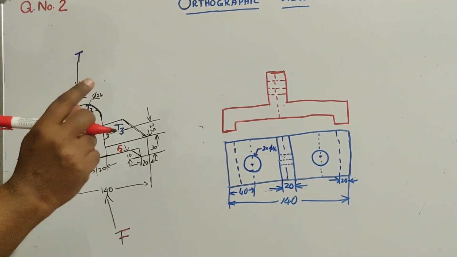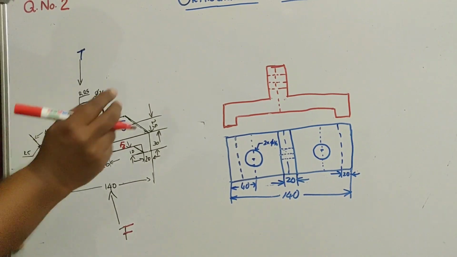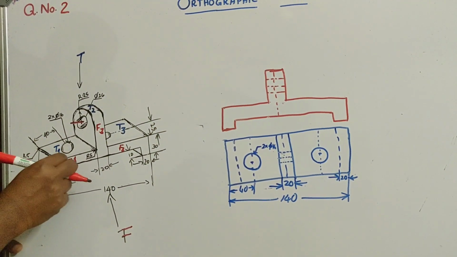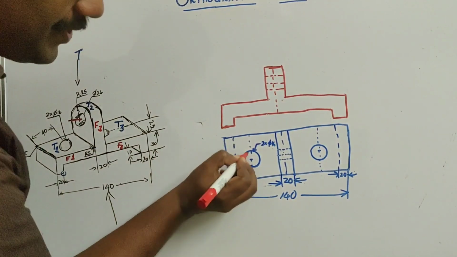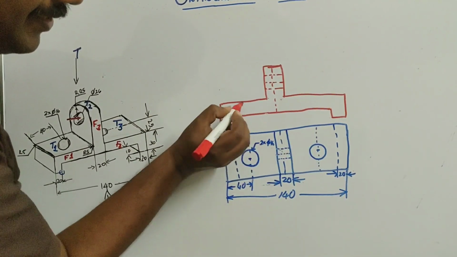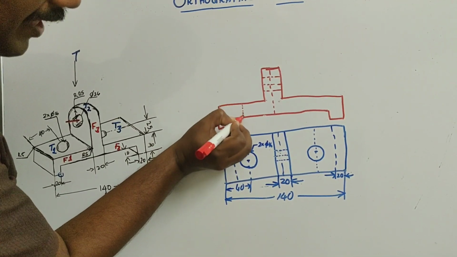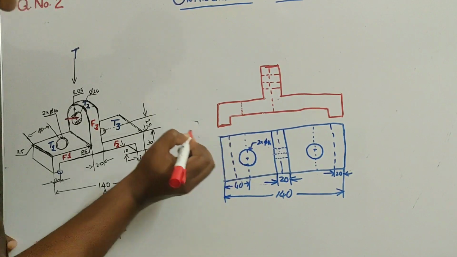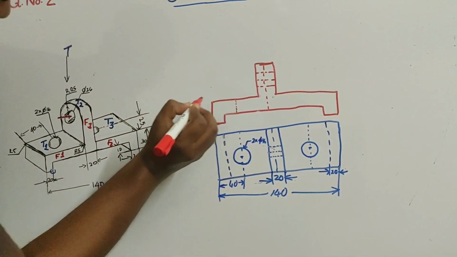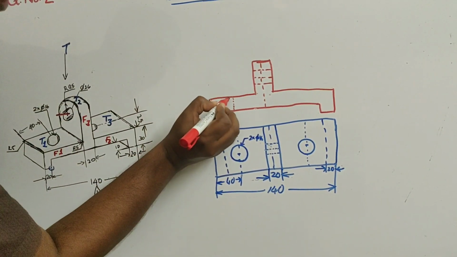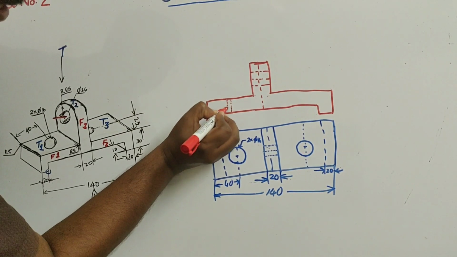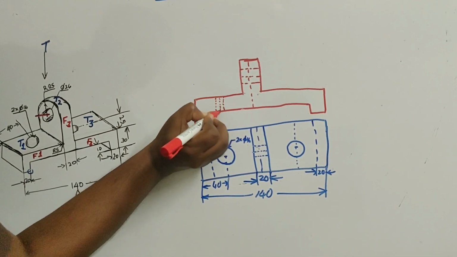Now there are two more holes which are invisible in this particular view. From here it is 40, isn't it? Here there are two circles. So correspondingly you will have two circles you can find out. The diameter is 16. So towards one side it is 8. To the other side also it is 8.